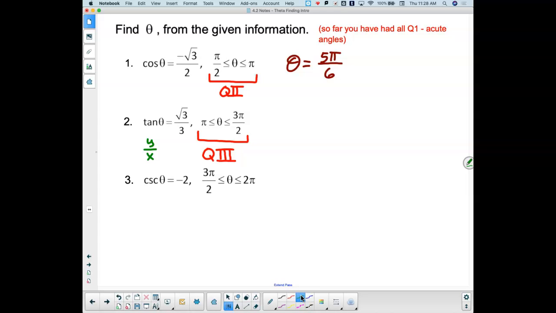Where is the tangent equal to the square root of 3 over 3? 7 pi over 6. Okay. I'm going to do, in quadrant 3, I'm going to do 4 pi over 3. I know it's got to be one of those two, but I want to again show you what happens when it's not the one. Okay. All right. So 4 pi over 3 I'm looking at.